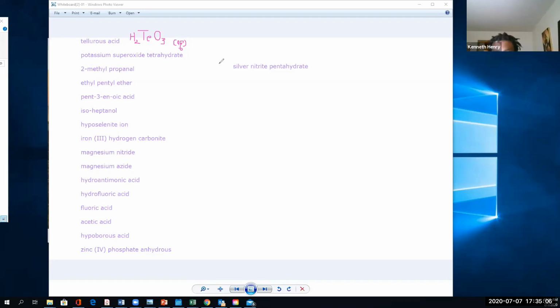So superoxide is a very, very special case. So it's O2 negative, right? Actually, each of the oxygens is going to be like a half. So it's like this. That's what superoxide looks like. Hot mess, isn't it?